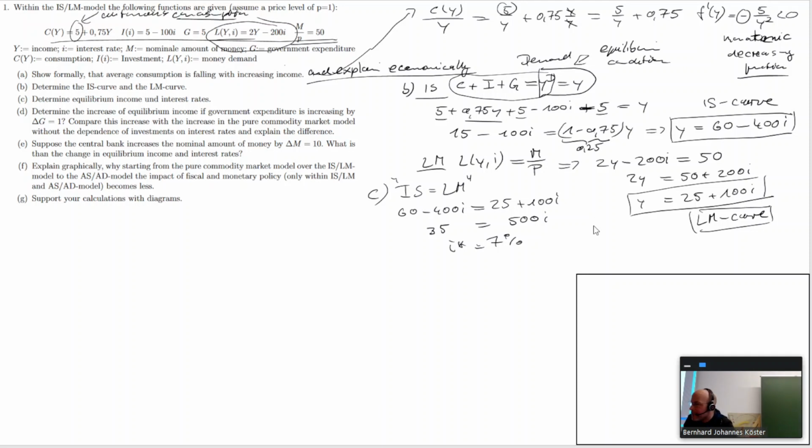Well, 35 over 500 is the same as 70 over 1000, which is 7 over 100, so 7%. I star is 35 over 500.